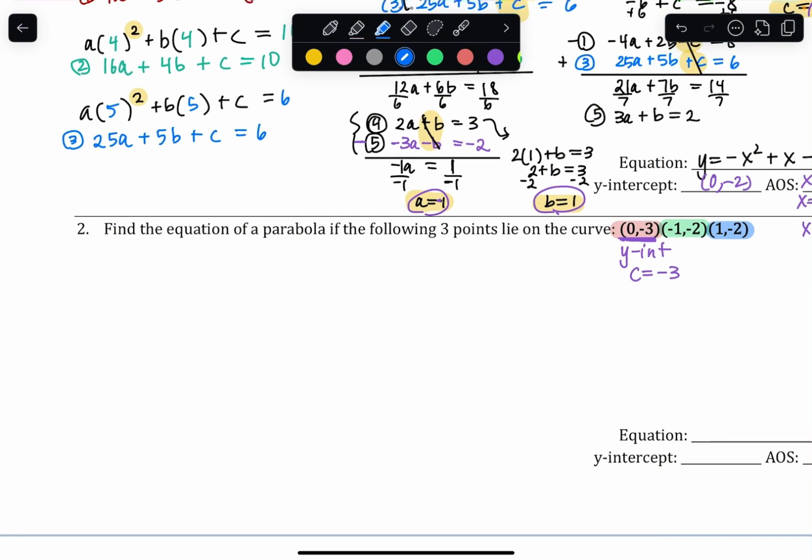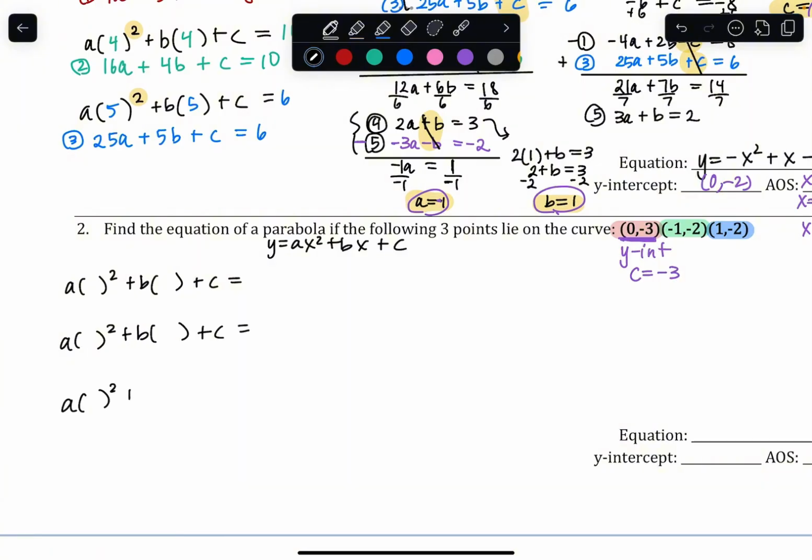Okay, and so for our setup, we know we have to start with standard form, ax squared plus bx plus c equals y.